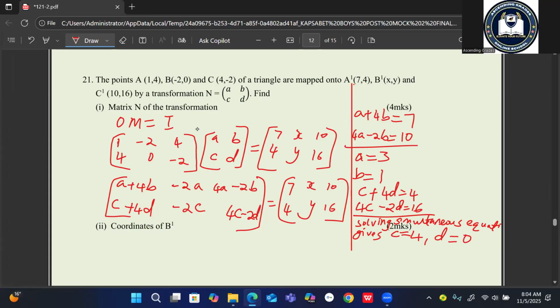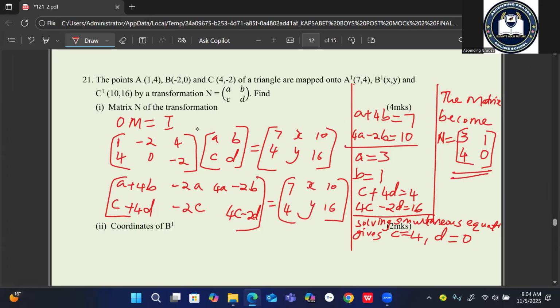Therefore, our matrix M, which was A, B, C, D, will become a matrix N, which was A, B, C, D. So our A is 3, B is 1, C was 4, then D was 0.